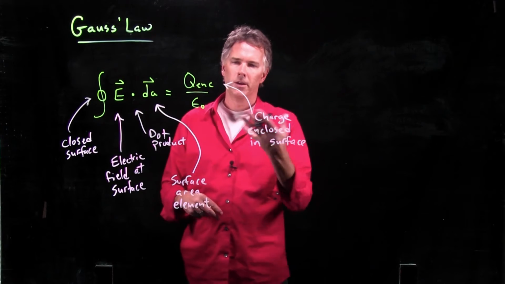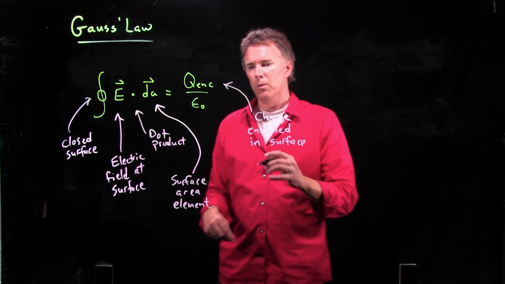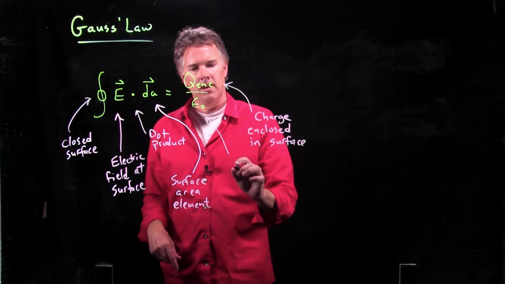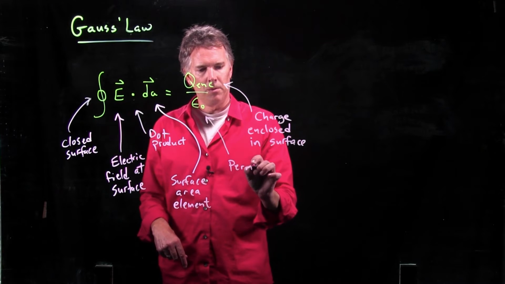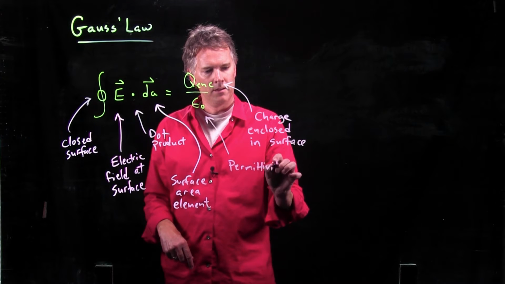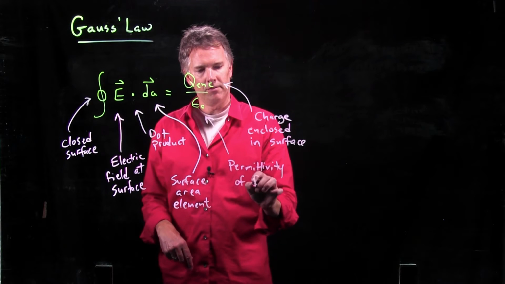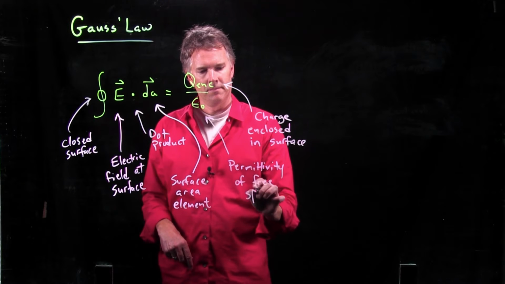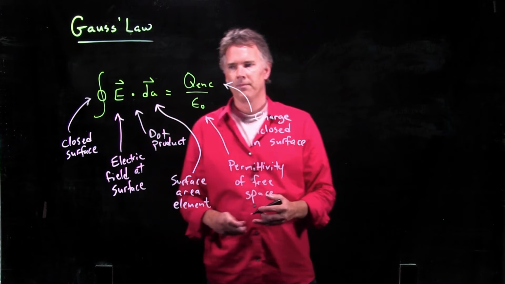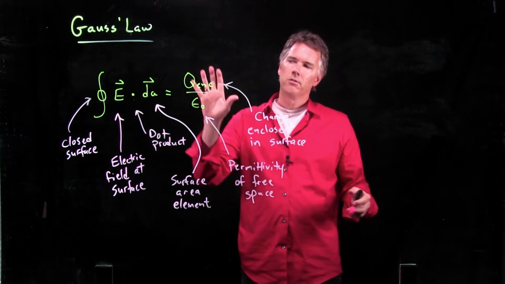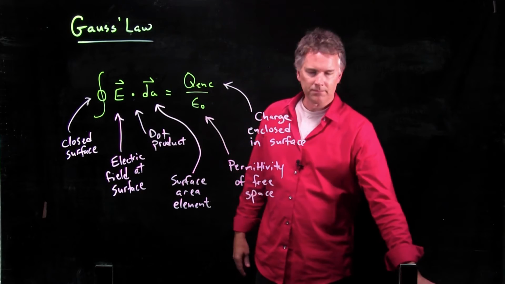If it's a cylinder, it would be inside the cylinder. What about epsilon naught? That is our good old permittivity of free space. Okay, so this is Gauss's law in mathematical form.